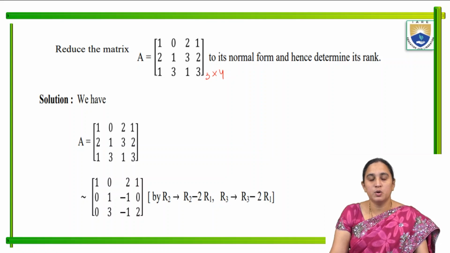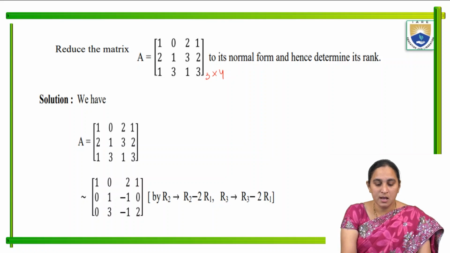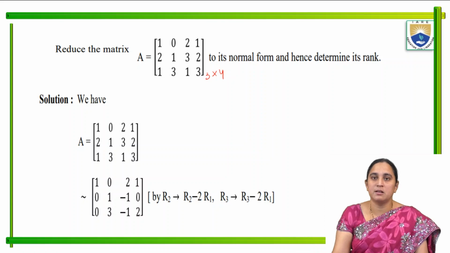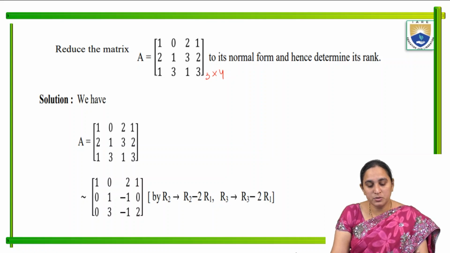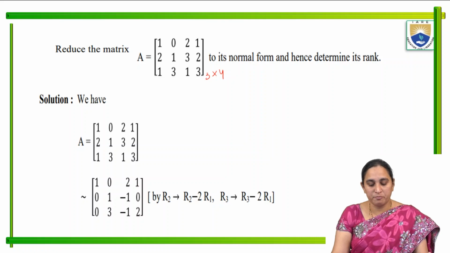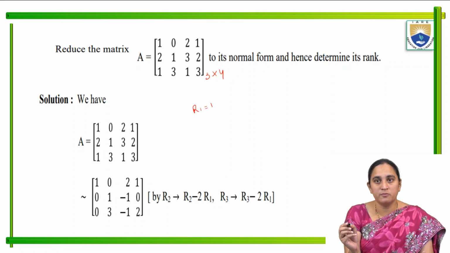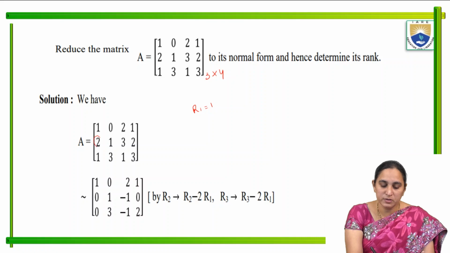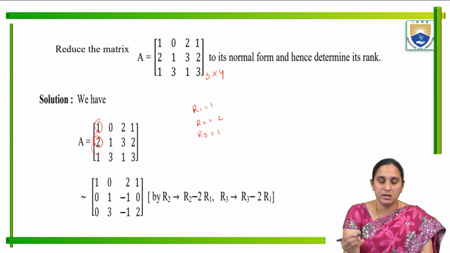For that, first I am using row operations with respect to R1, to make the first elements of R2 and R3 zeros. The first element of R1 is 1, of R2 is 2, and of R3 is 1. With respect to this, I'll make the 2 and 1 zeros.